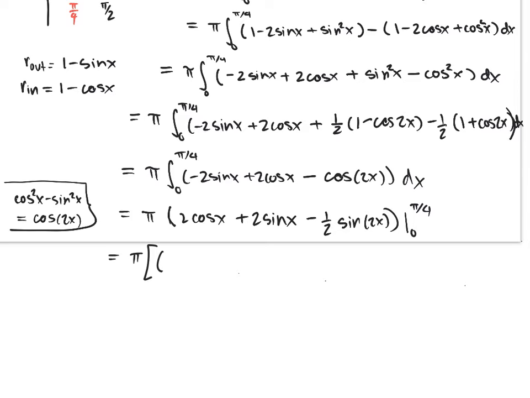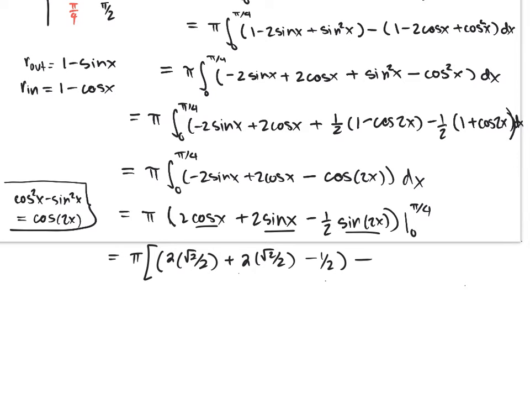Okay, first plug in pi quarters. When you plug pi quarters into cosine, what do you get? Okay, so you got 2 times root 2 over 2, which just gives you root 2. Plug pi over 4 into sine x, you get root 2 over 2 again. And then plugging it into here, you get sine of pi halves, which is 1, so minus a half.